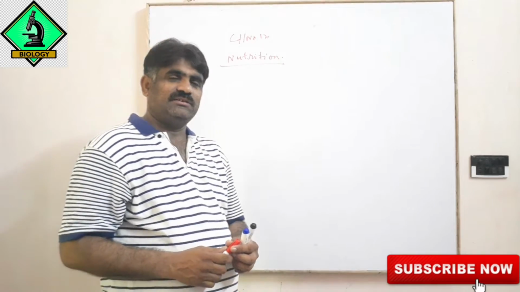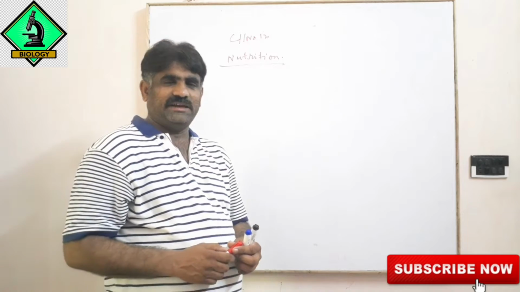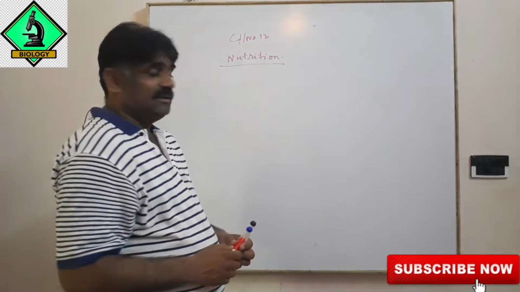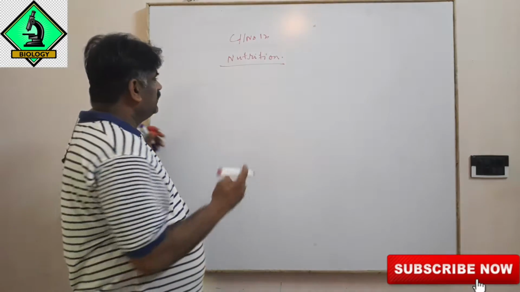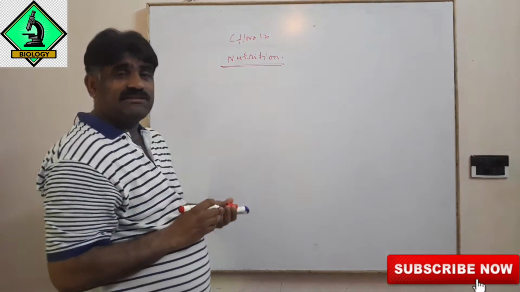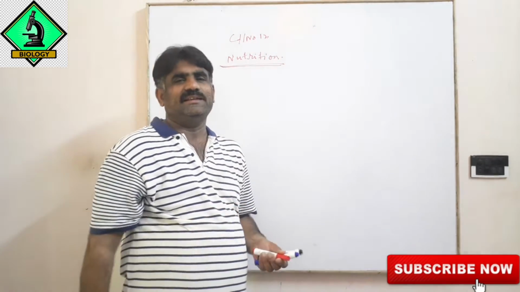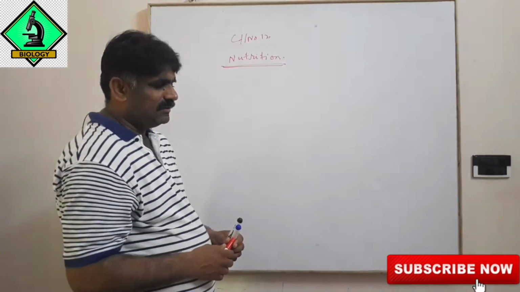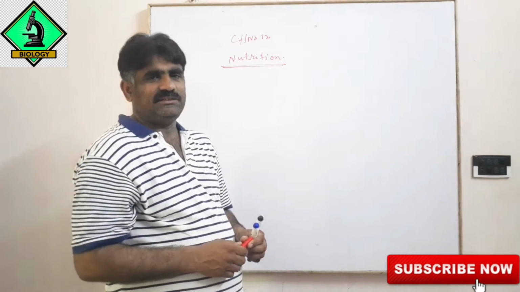Today we start chapter number 12 from first year biology. Its name is nutrition, and nutrition is a biological process. It's a basic process by which all organisms need energy.